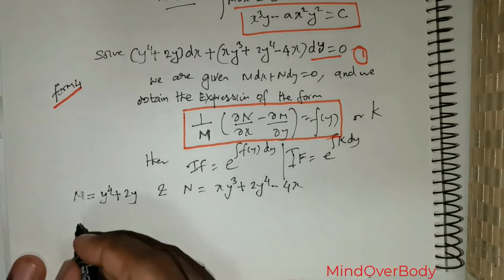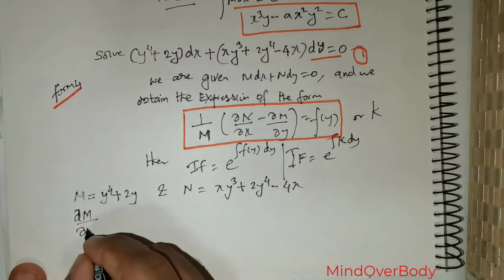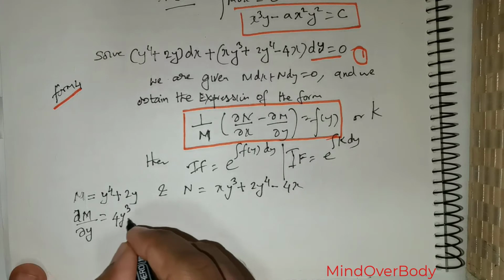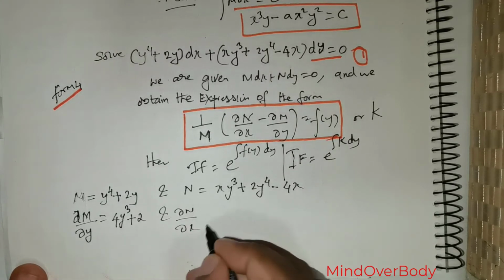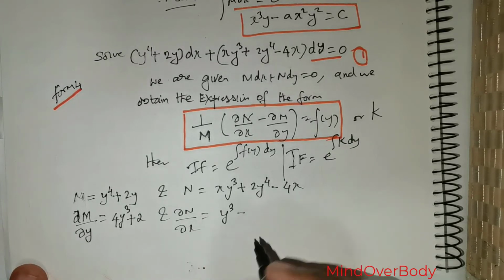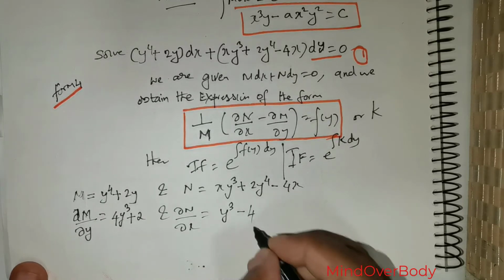From here I need to find dou m divided by dou y. This is going to give me 4 times y raised to the power of 3 positive 2, and dou n over dou x is going to give me y cubed, and this will become 0, this will become negative 4.